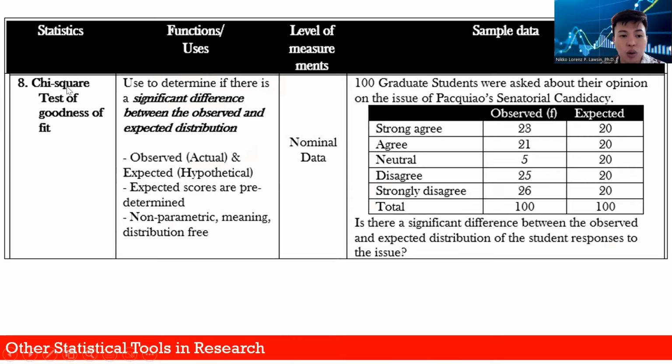You can also use the chi-square test of goodness of fit. It is used if you want to compare the significant difference between observed and expected distribution. This is a sample chi-square table. 100 graduate students were asked about their opinion on the issue of Pacquiao's senatorial candidacy.